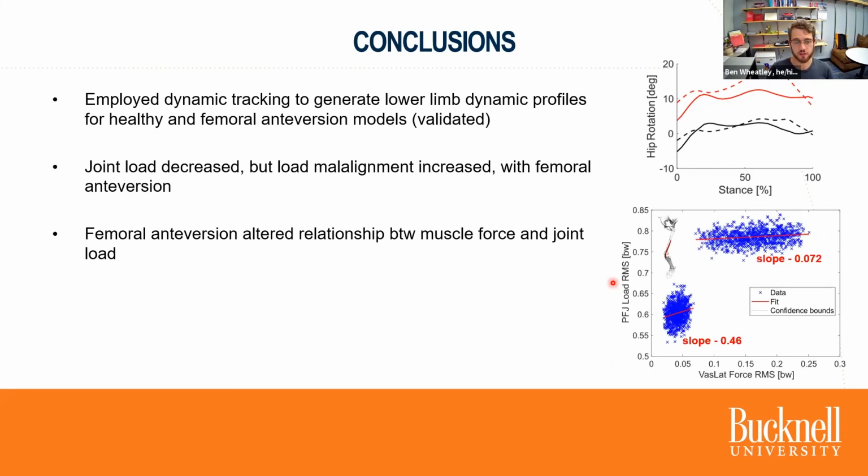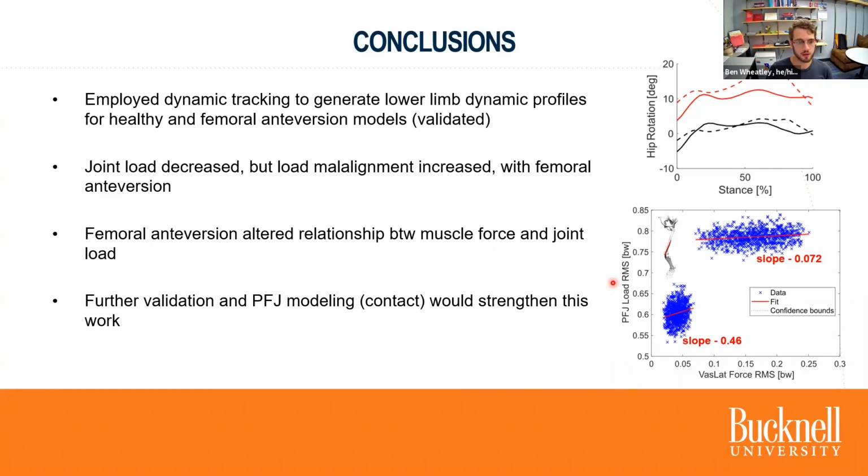And then finally, our femoral aneurysm altered the relationship between muscle force and joint load, particularly for that case of the vastus lateralis that I showed. Further work to validate this model, as well as include more detailed patellofemoral joint modeling, such as contact, would greatly strengthen the work presented here.